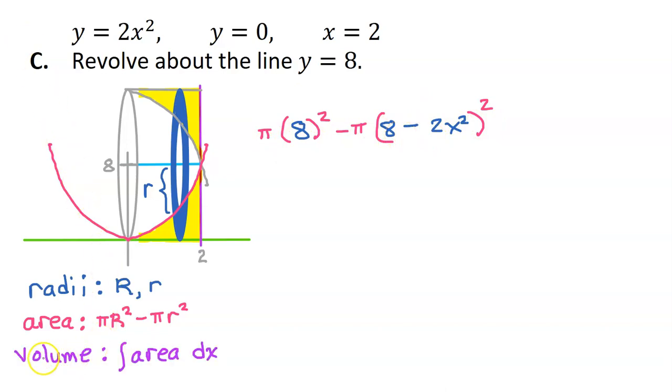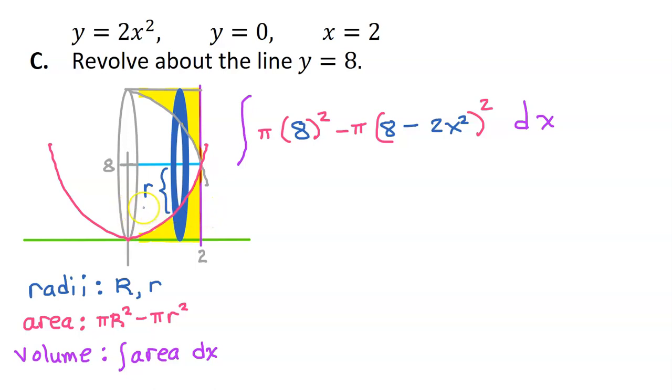The last step is to find an expression for the volume by integrating the area. Since this is an expression for the area, all I have to do is integrate, and now it's an expression for the volume. When you integrate the area of a washer, you are adding up all of the washers in order to form the volume.